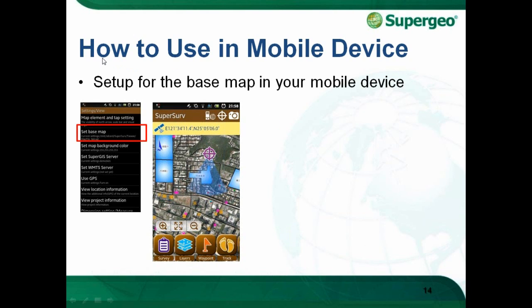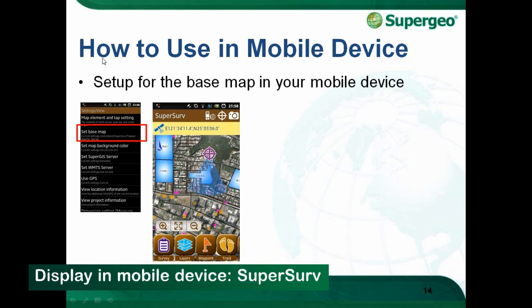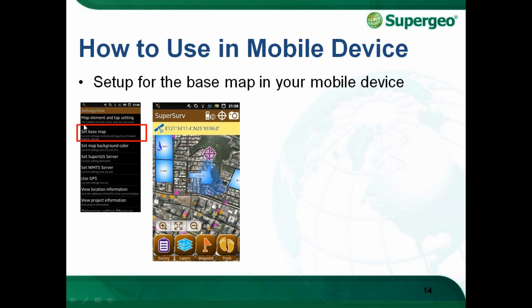Another point is that if you are going to use our mobile solution like SuperServe, which is an app for Android and iOS, you just need to go to the setup page, set the base map and choose the STC. Just copy the STC file to your mobile device and use this to set up.